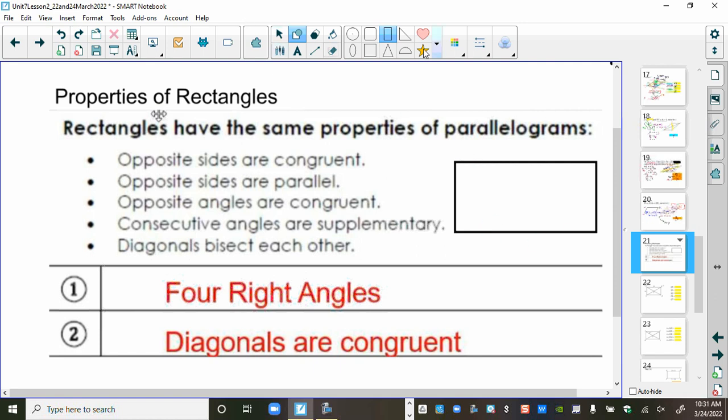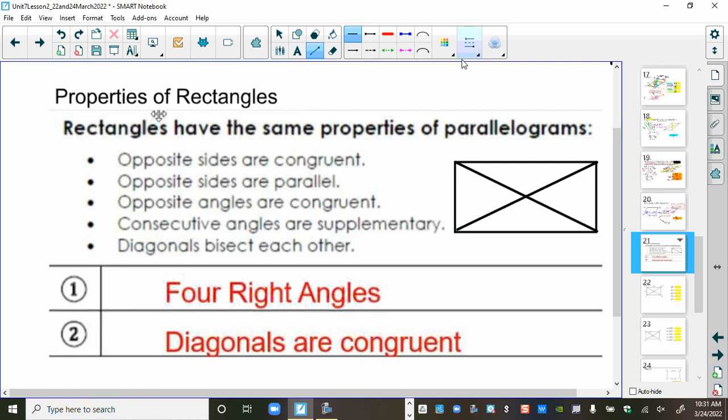And then the diagonals. They are congruent. And they're also going to bisect each other. So boom. So it looks like an envelope, like a fancy envelope. Well, once we doctored it up a little.